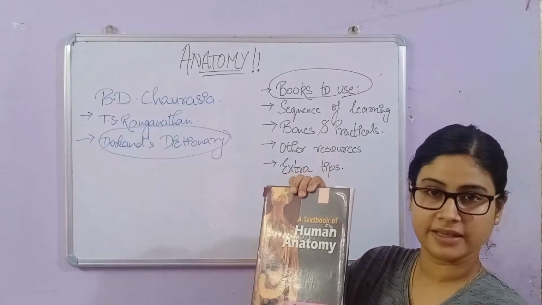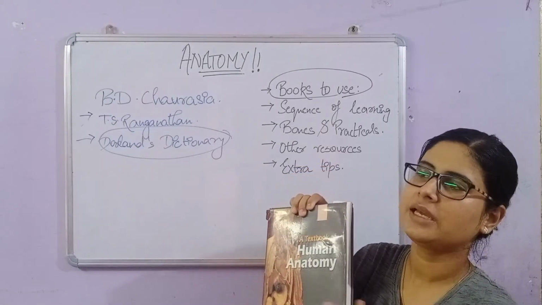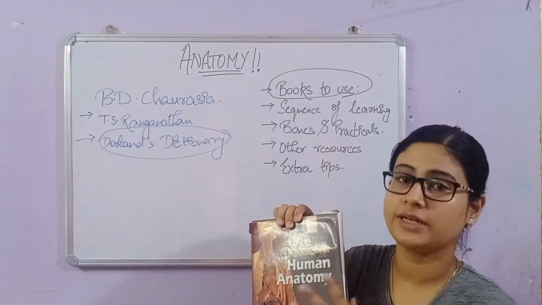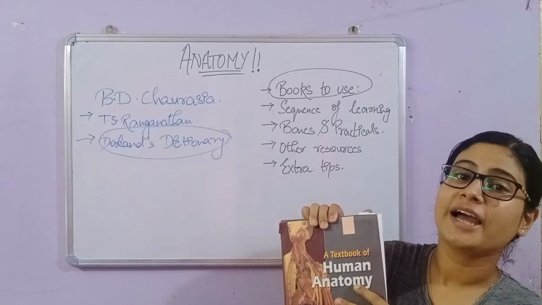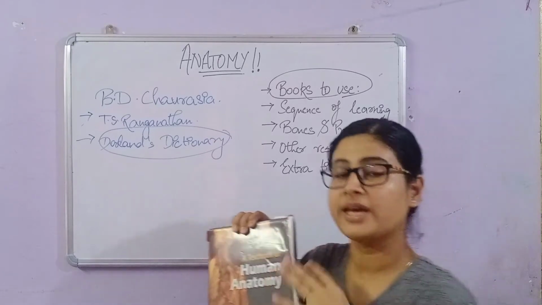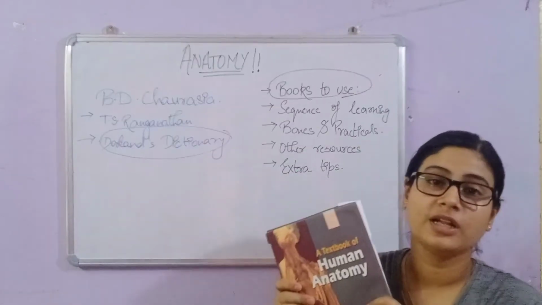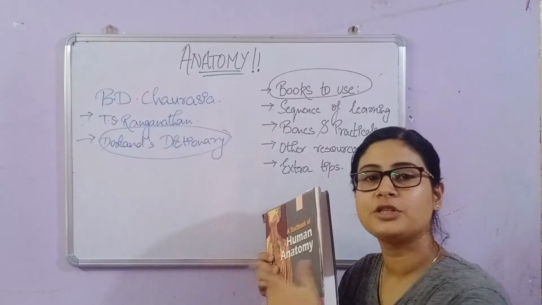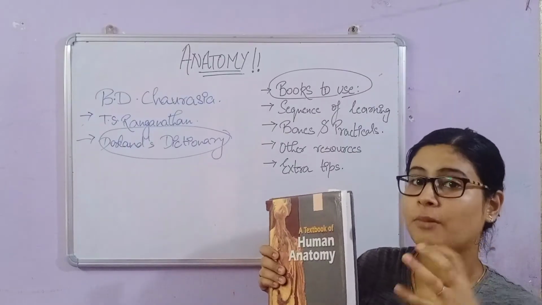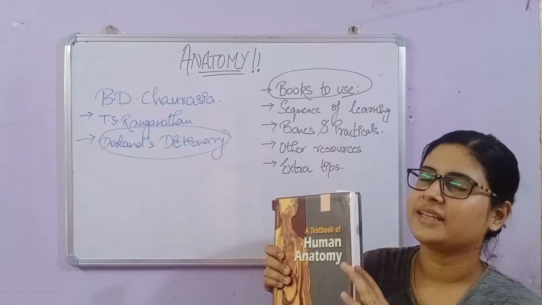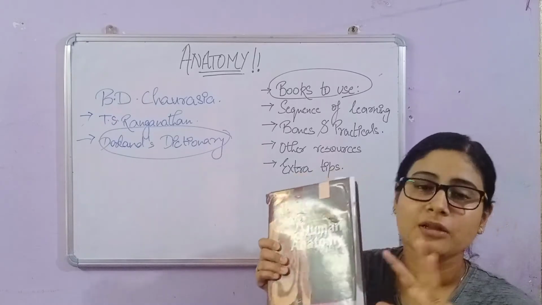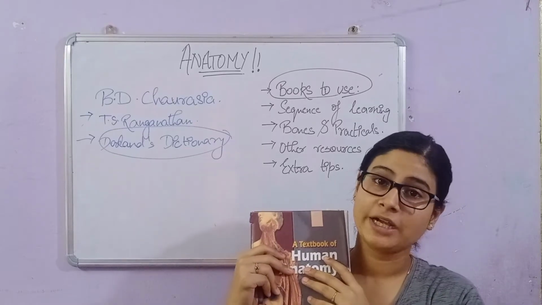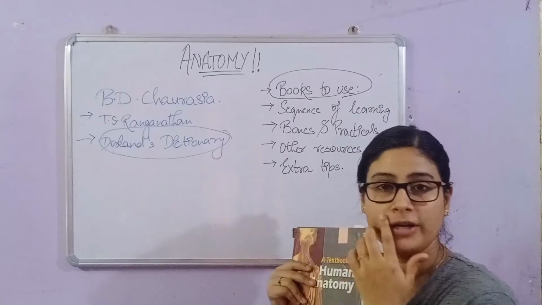This book is very easy and simple to read, but I mostly use it for diagrams. Sometimes I also used it for learning some complex topics, because BD Chaurasia has a complex way of teaching and this had a simpler one. But overall, if you want to buy only one book and you don't have the budget for 2 books, then you should buy volume 1.